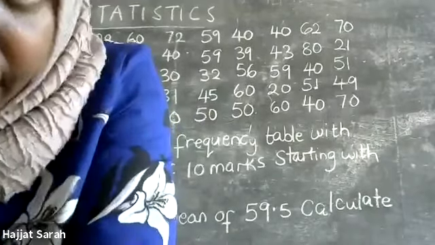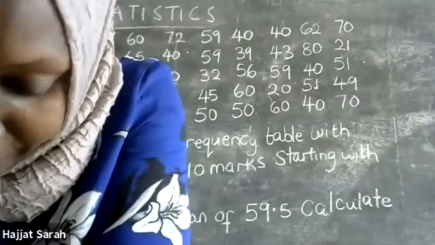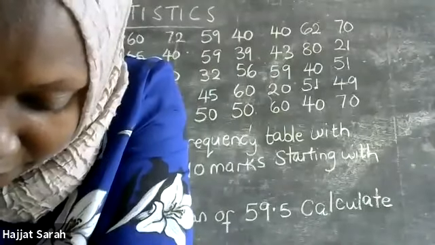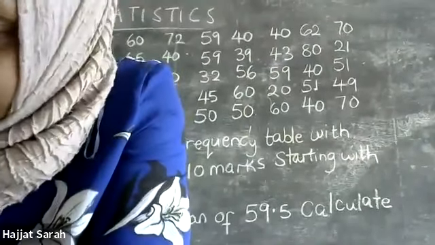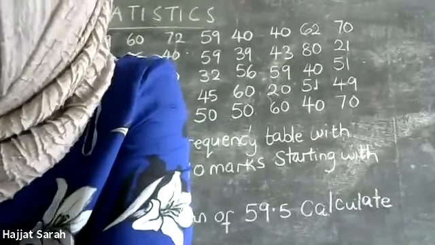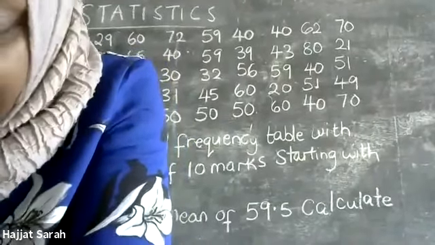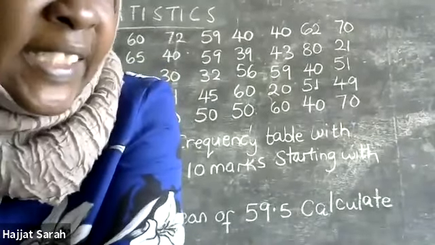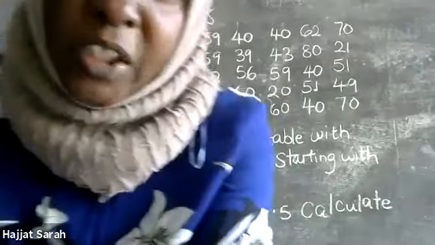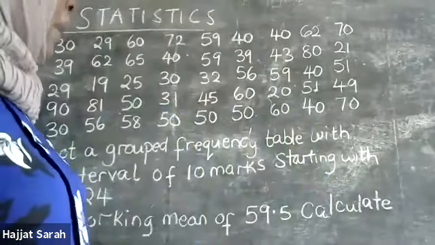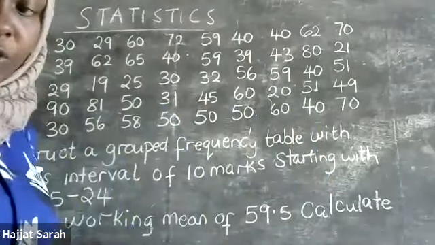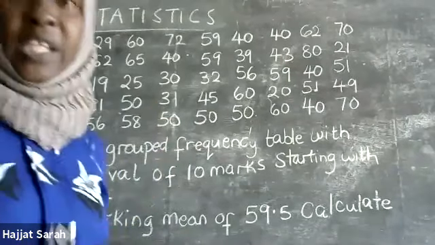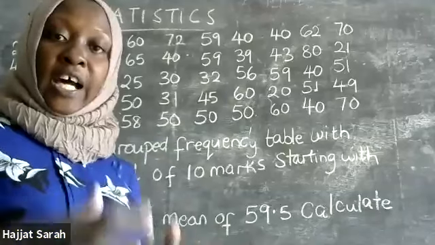Yes, Ketra? Question on the working mean. What exactly is your question? The working mean is an assumed mean. There are two ways of finding the mean of data. One, we use summation of fx over summation of f. The second one is when they tell us to assume a certain mean and use it to work out the actual mean.